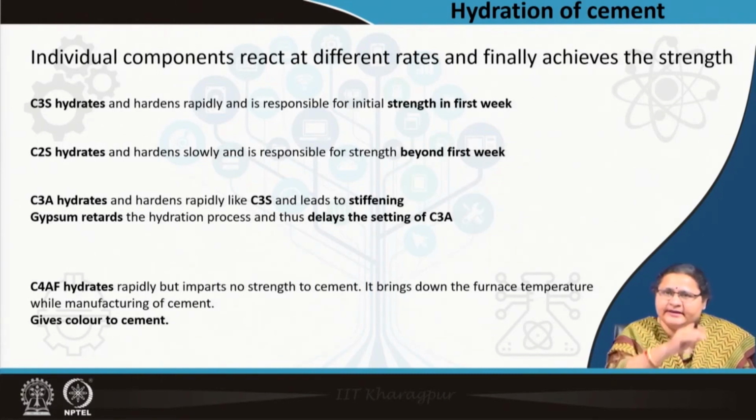If you remember the clinkering temperature, as I told, 800, then 1000, then up to 1500, it would not have happened at 1500 if there was no tetracalcium aluminoferrite. So it brought down the temperature of clinkering in the manufacturing of cement, and this also imparts color to cement. And if we are precise, it is the ferrite which is giving the color.